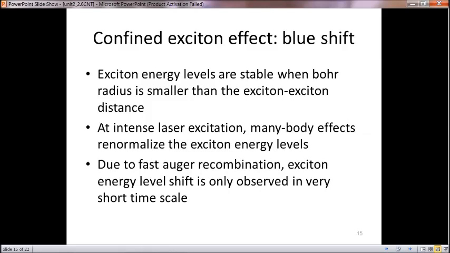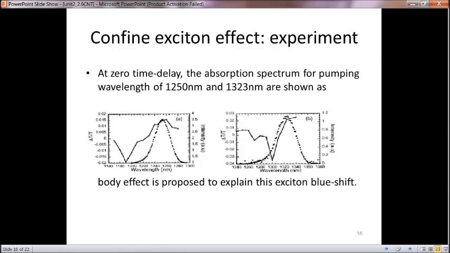We can record it, and we can rewind it in slow mode to see the effect. The experiment shows, at 0 time delay, the absorption spectrum for pumping wavelengths of 1250 nanometer and 1323 nanometer is shown over here. The blue shift means sudden shift.